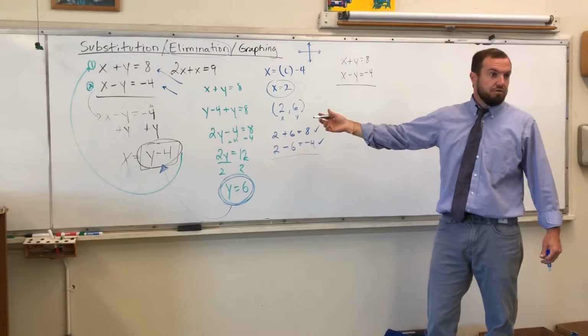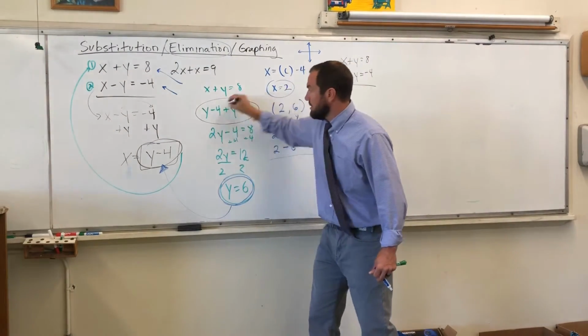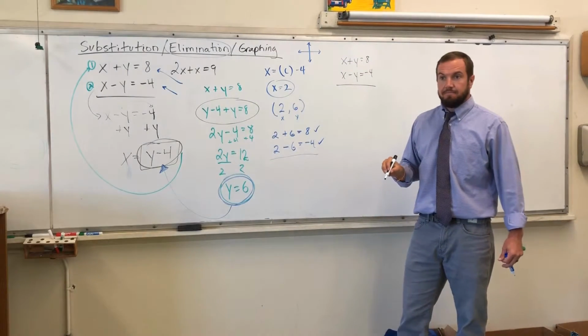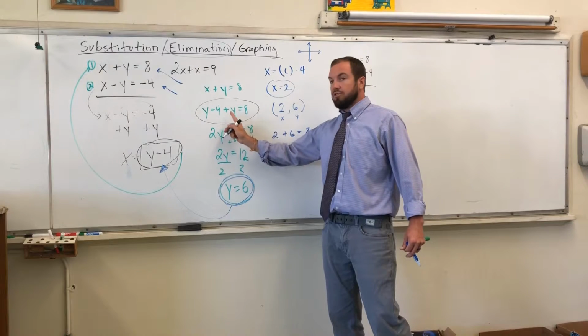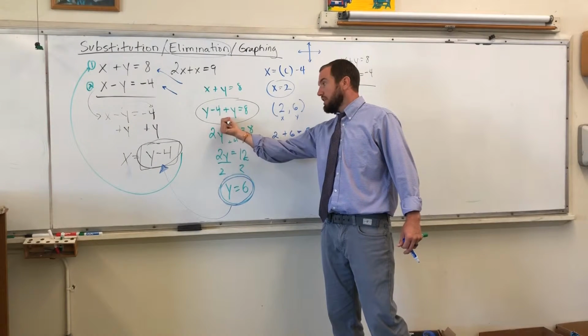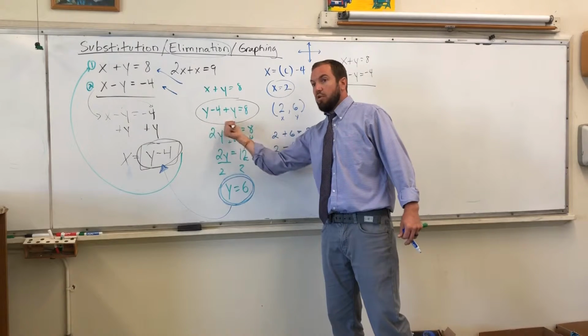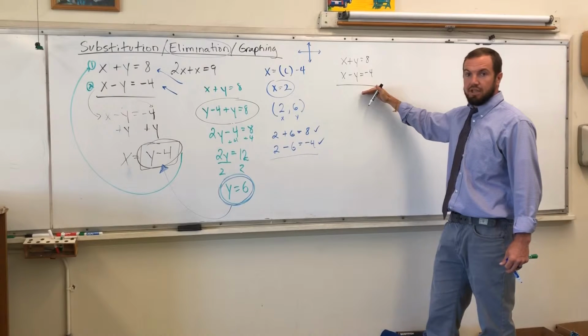To figure out the value for the variable. And we were able to do that because you're able to get an equation with one variable. Okay? That's the same thing I want to do here.